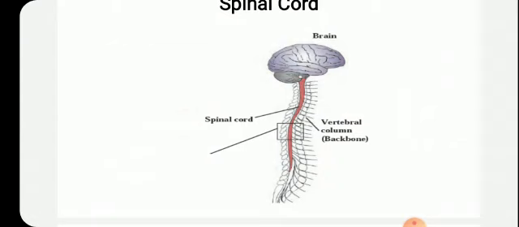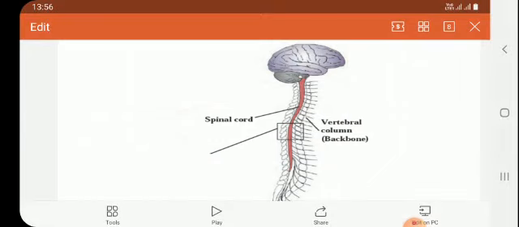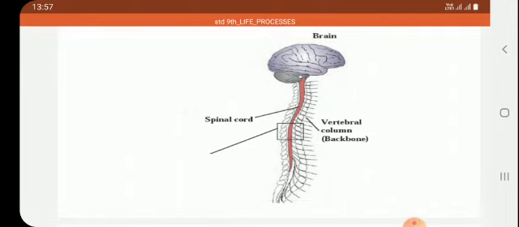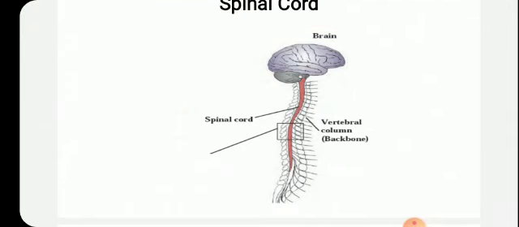You know, the backbone has 33 small bones, and inside that a delicate spinal cord is inserted. The fluid meninges is there to protect it, as it is a delicate and important organ of our nervous system. It is held within the vertebral column.